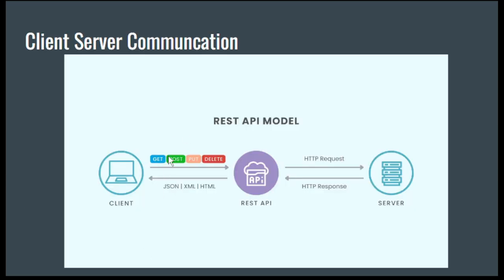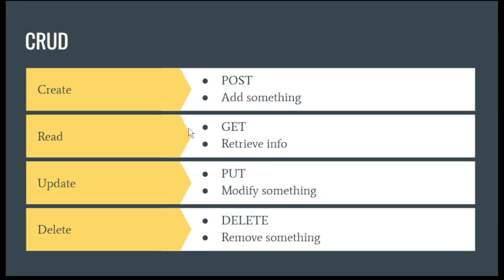Get is reading, we're retrieving info. Put is updating information. Delete is obviously deleting. Post is creating. We talked about how Spotify does that.